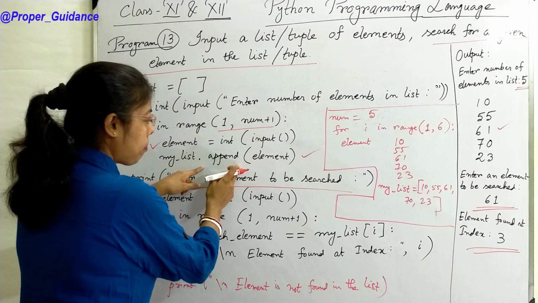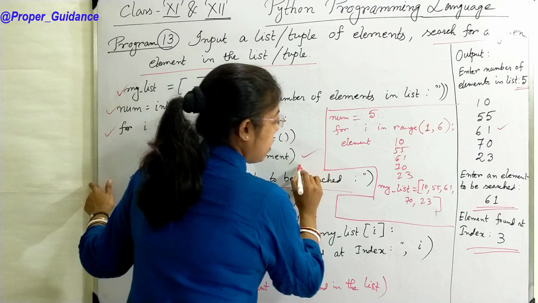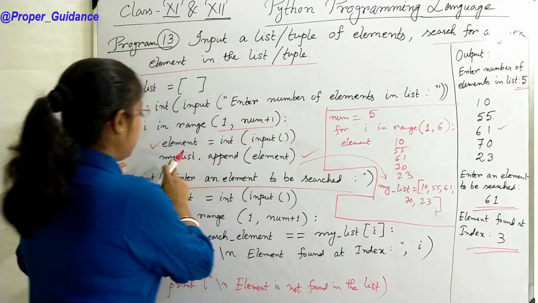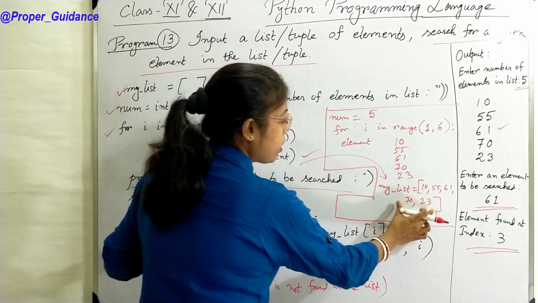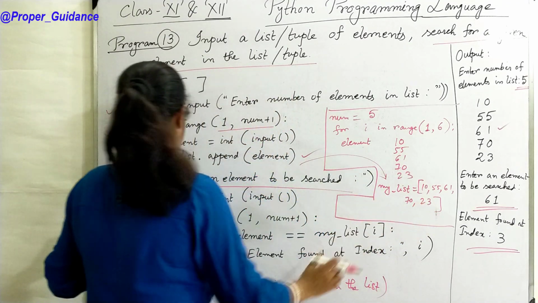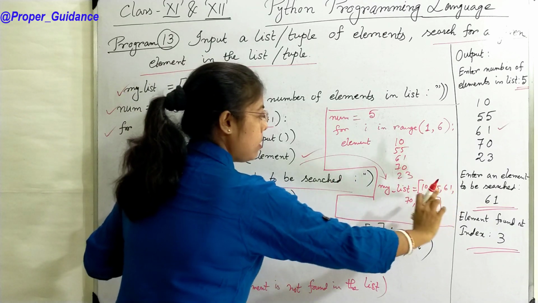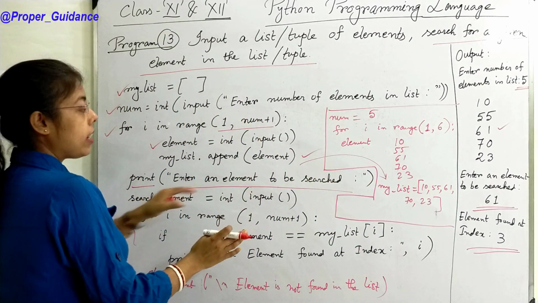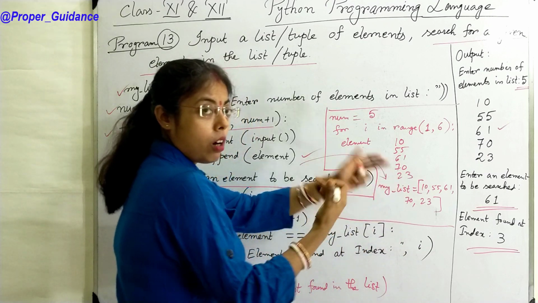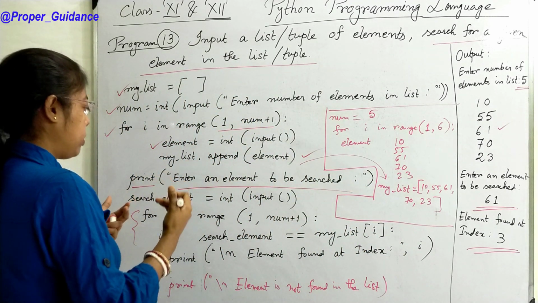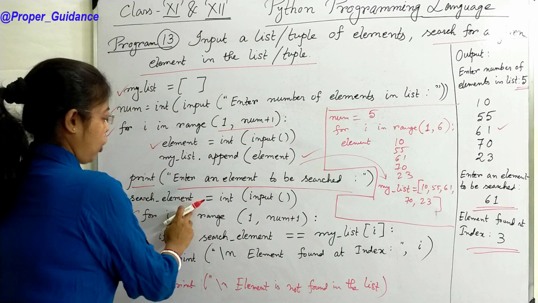My list dot append works like this. This line will execute and it makes my list look like this. I am not printing the list as a list. We are taking the input, and this is the actual way the program works. Now, search element.